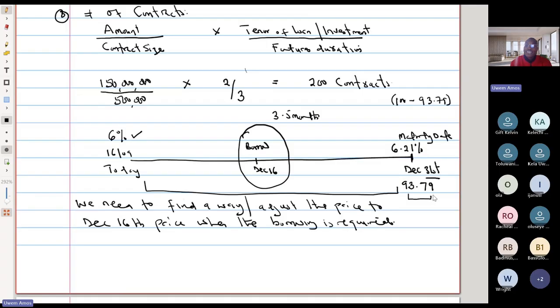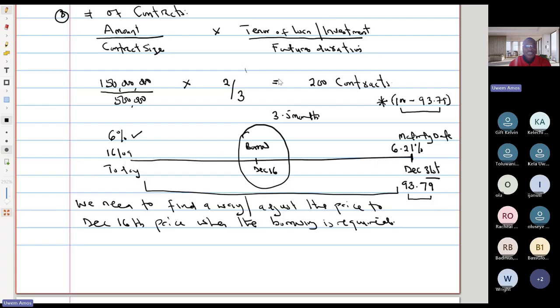To find the percentage, it is clearly 100 minus whatever the market reference rate is. Can you see that? Yes, 100 minus 93.79 gives you the value in percentage, and that is what gives us 6.21%. So that's clear. Okay. Thank you, sir.